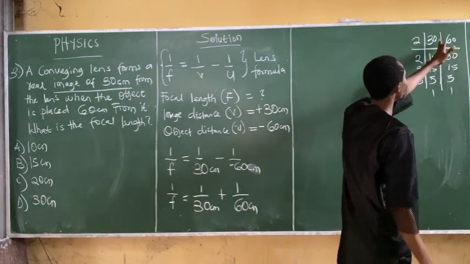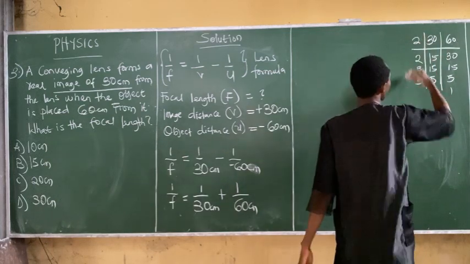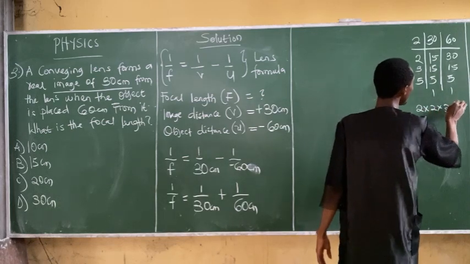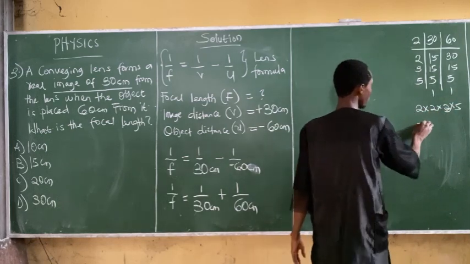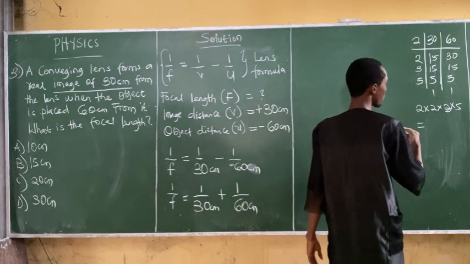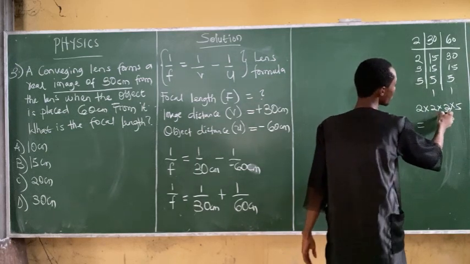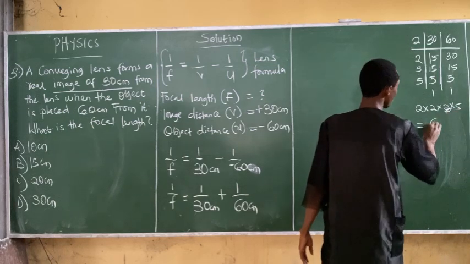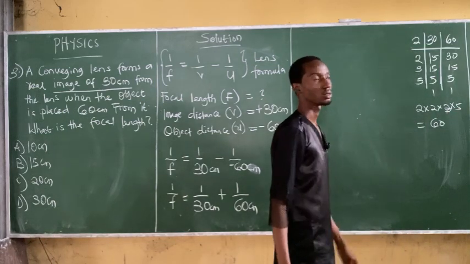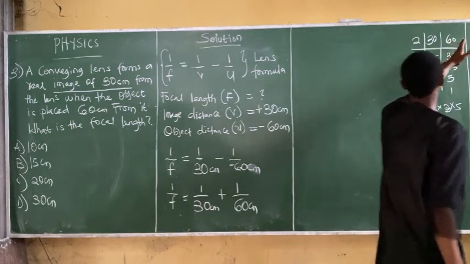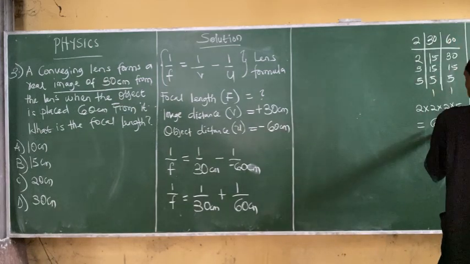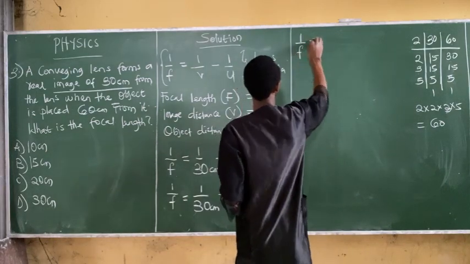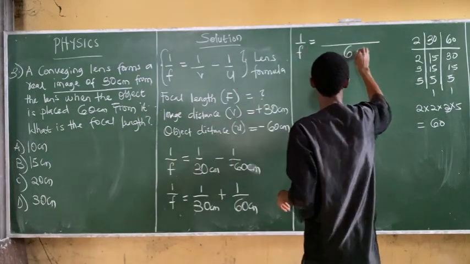Therefore, the LCM of 30 and 60 will multiply these values out, which is 2 times 2 times 3 times 5. 2 times 2 is 4. 4 times 3 gives us 12. 12 times 5 is 60. So the LCM of 30 and 60 is 60.